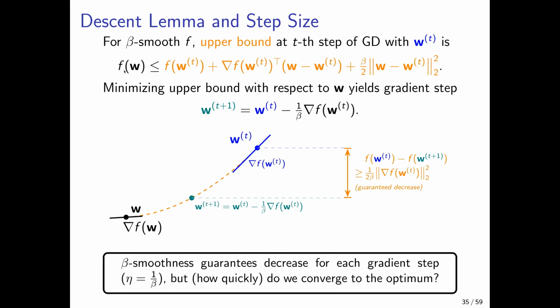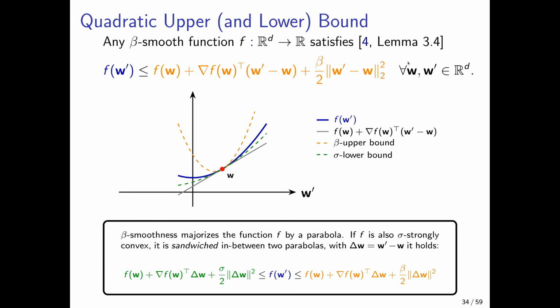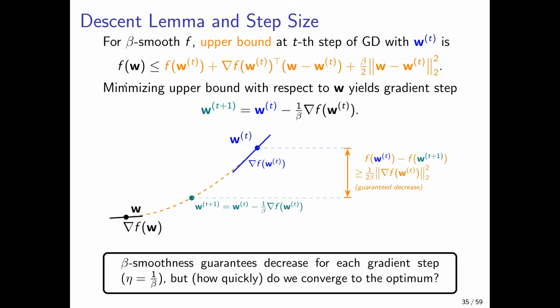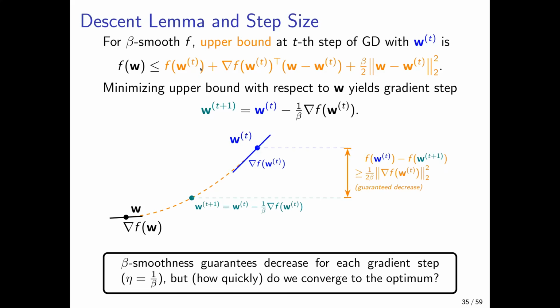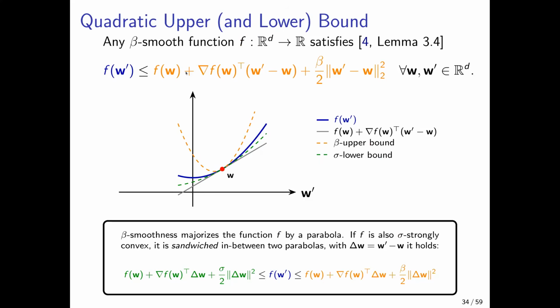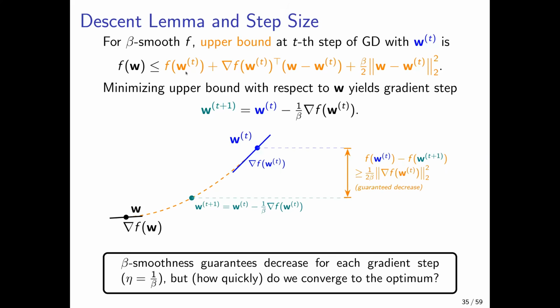So recall we have this quadratic upper bound here, and if f is beta smooth, let's just plug in wt for this w. Let's assume we are doing gradient descent, and at the tth step, we are at wt. Because it holds for any point, we can just plug in any arbitrary point where we might be while doing gradient descent.